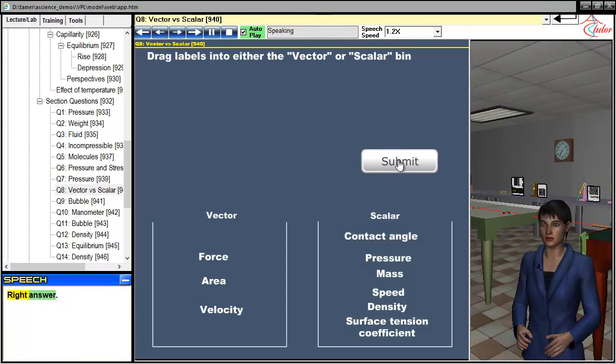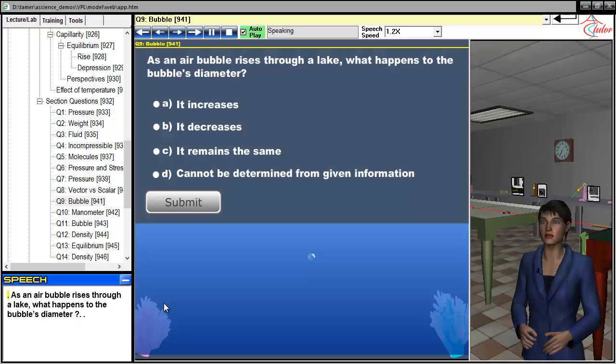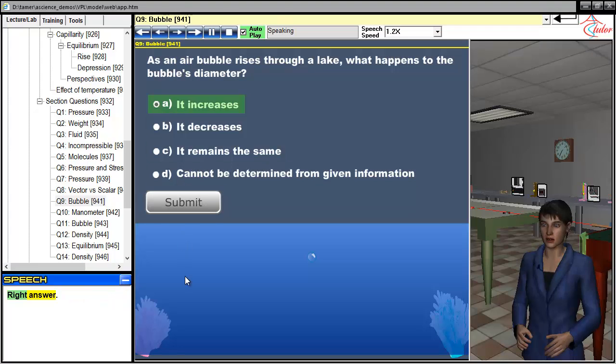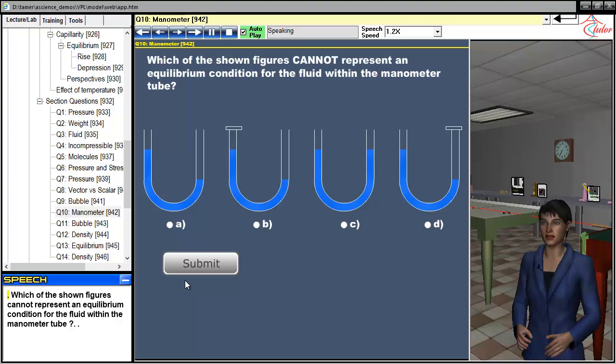Right answer. As an air bubble rises through a lake, what happens to the bubble's diameter? Right answer. Which of the shown figures cannot represent an equilibrium condition for the fluid within the manometer tube? Right answer.